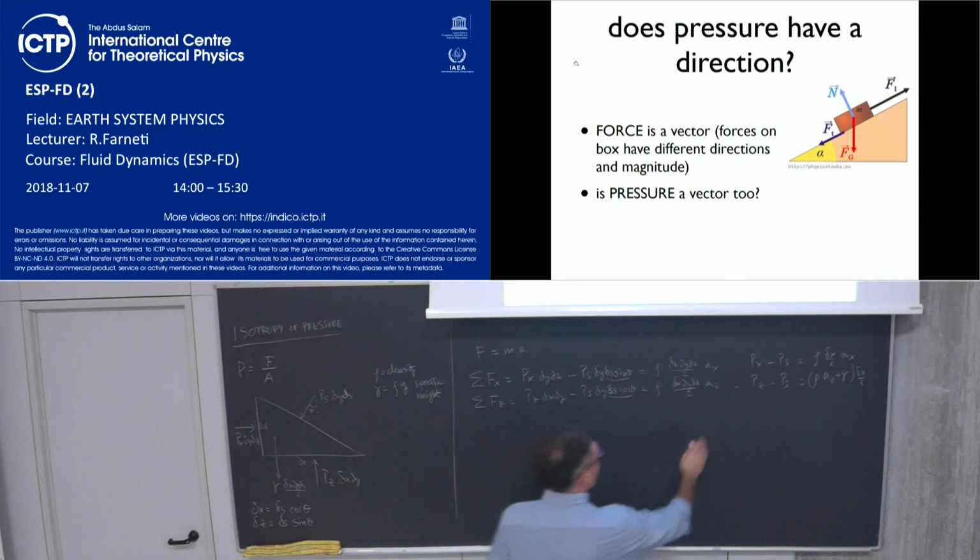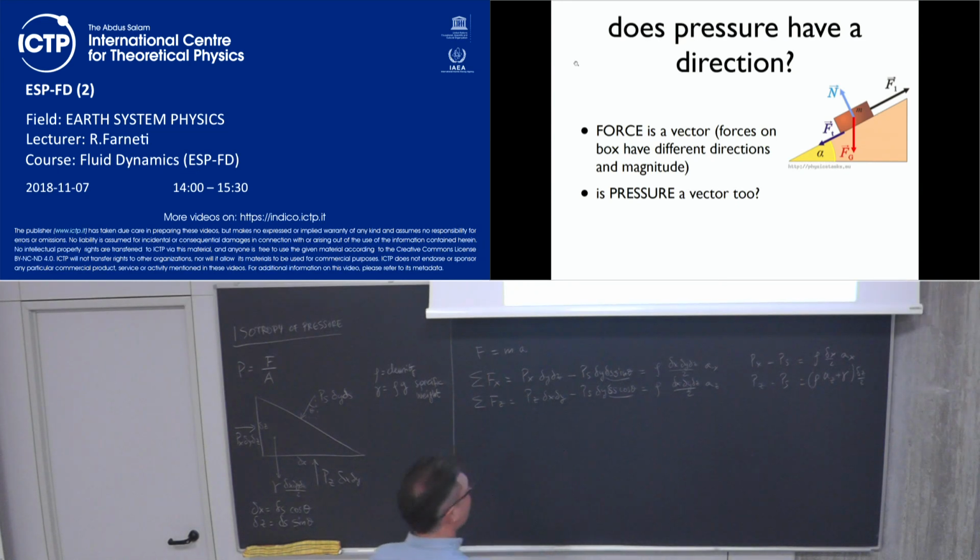Okay, so if you just make the assumption that this is an infinitesimally small element of fluid where delta x, delta y, and delta z are very small, then the volume delta x, delta y, and delta z is going to be extremely small.